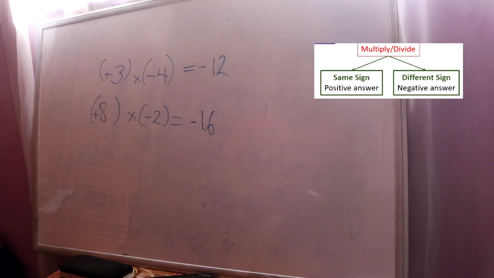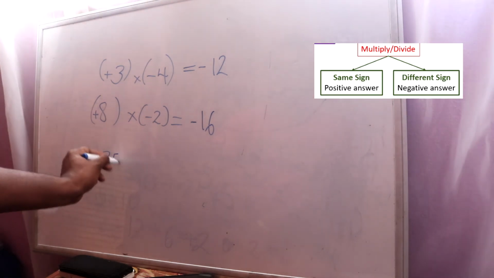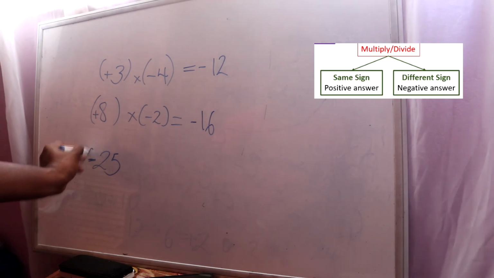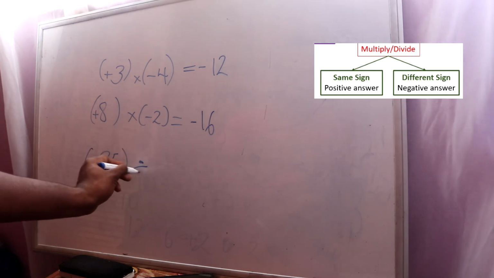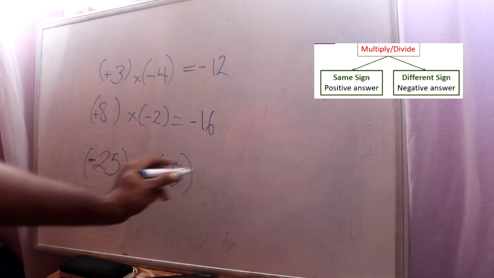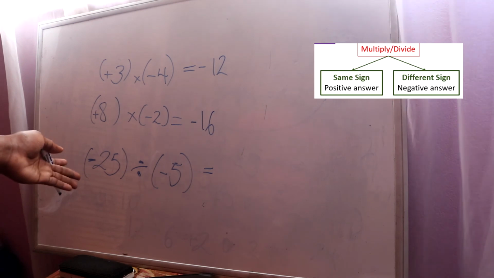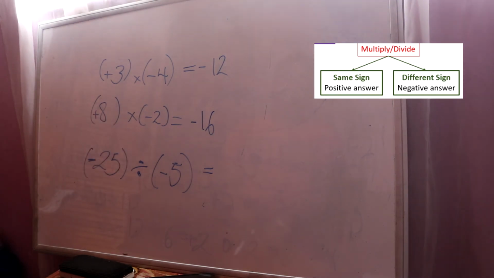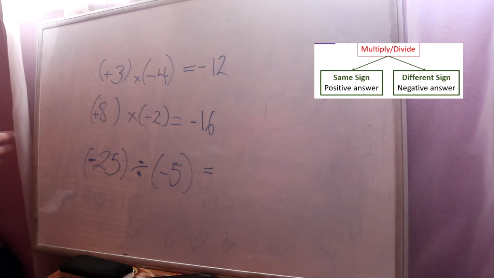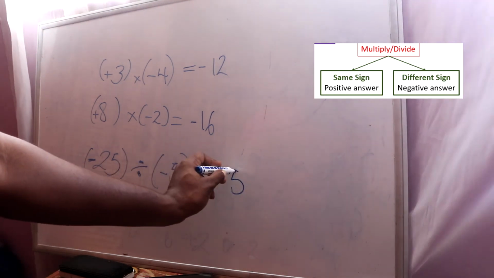Just one more. Suppose we have negative 25 being divided by negative 5. A negative 25 divided by a negative 5. We can just look at the numbers and we know that 25 divided by 5 is 5.